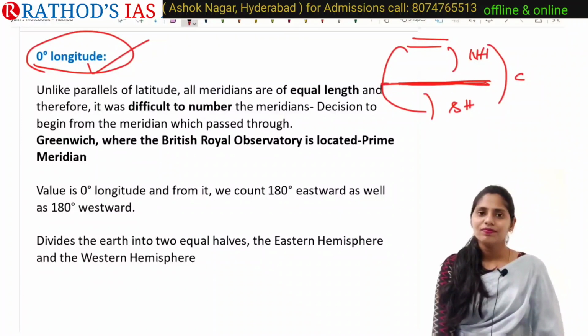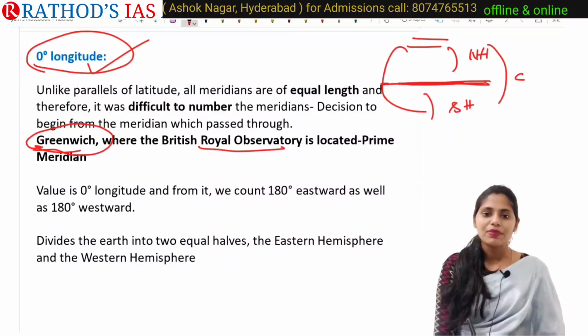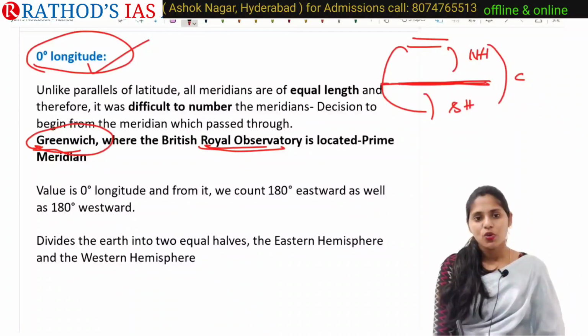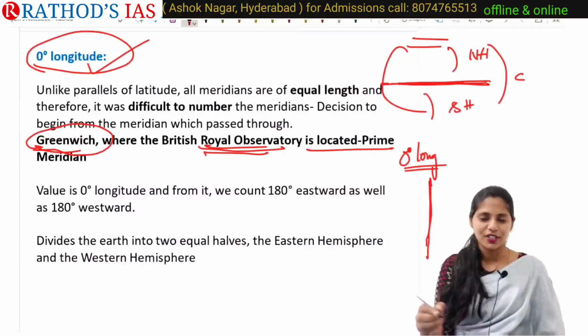So finally geologists came up with a decision to begin with the meridian that passes through Greenwich, where the British Royal Observatory is located. It is called the prime meridian or 0 degree longitude.